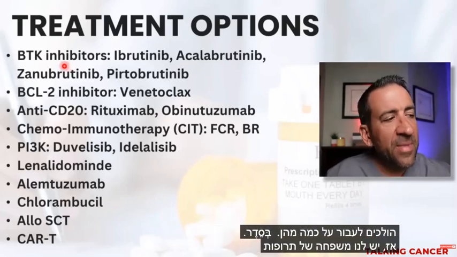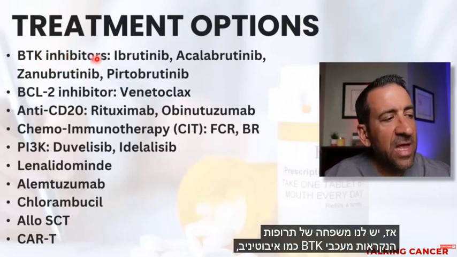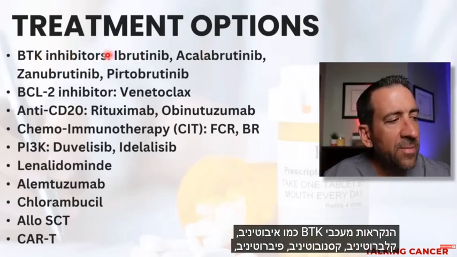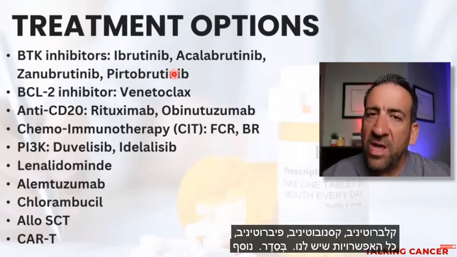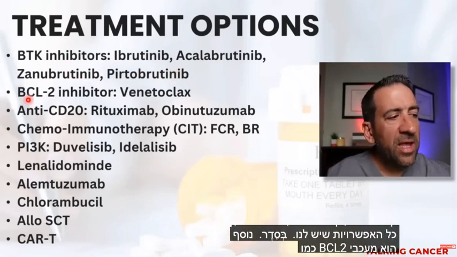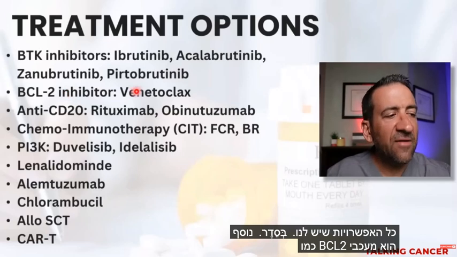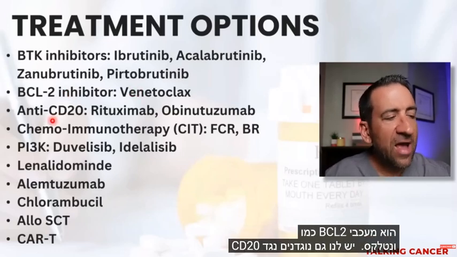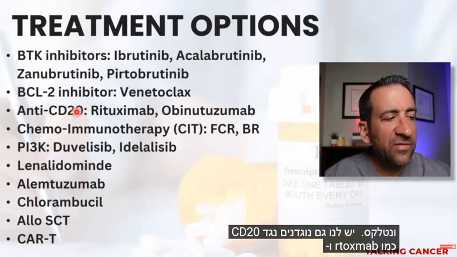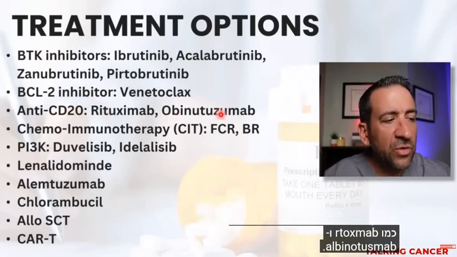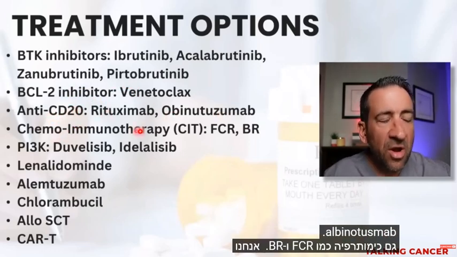We have a family of medications called BTK inhibitors like ibrutinib, acalabrutinib, zanubrutinib, pirtobrutinib, all options that we have. Another one is the BCL2 inhibitors like venetoclax. We also have anti-CD20 antibodies like rituximab and obinutuzumab. Also chemotherapy like FCR and BR. We're going to go over this.